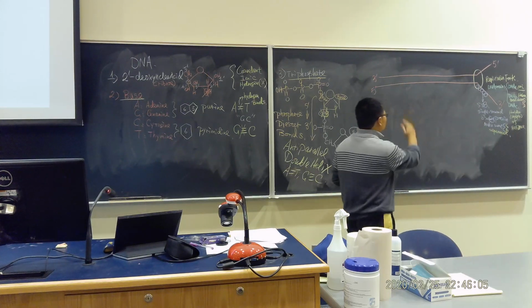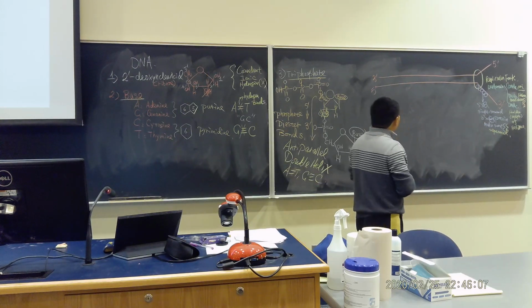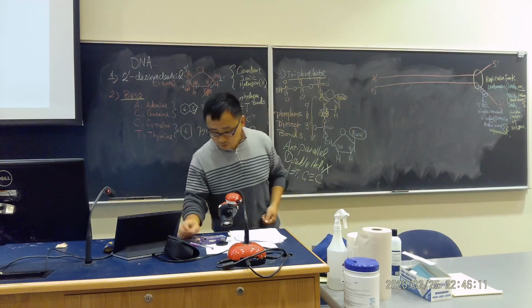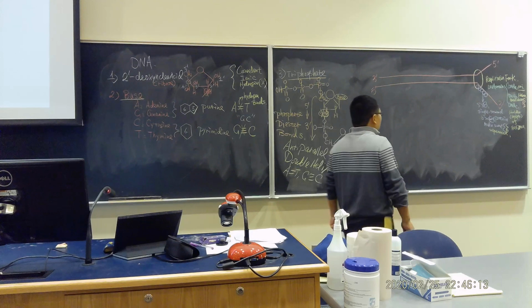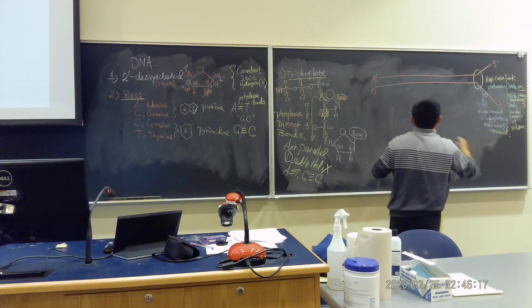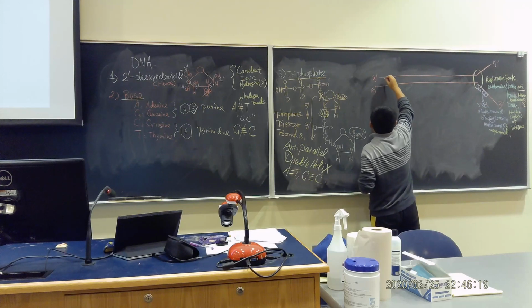Okay, this is where the initiation goes in. Then they start to do the replication. Okay, replication, how do they start? Let's talk about the 3' to 5' first strand. Okay, I'm going to give you something.